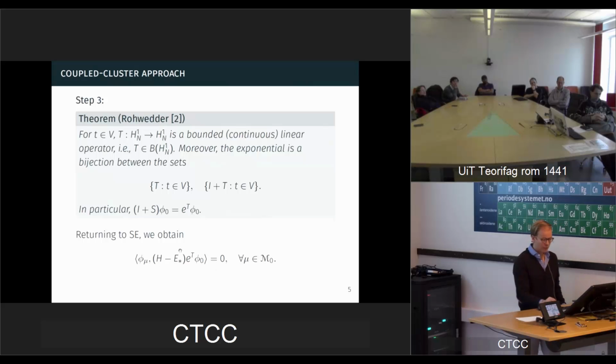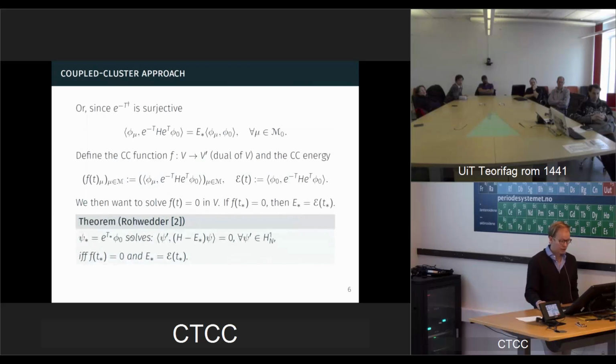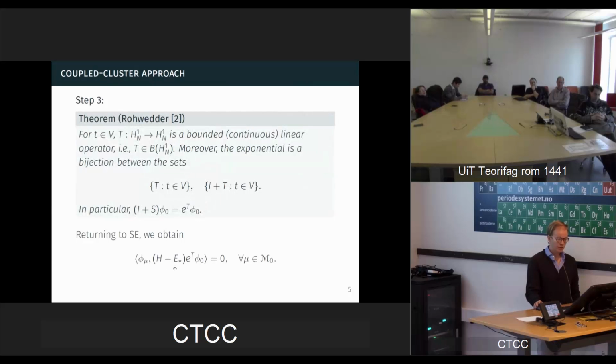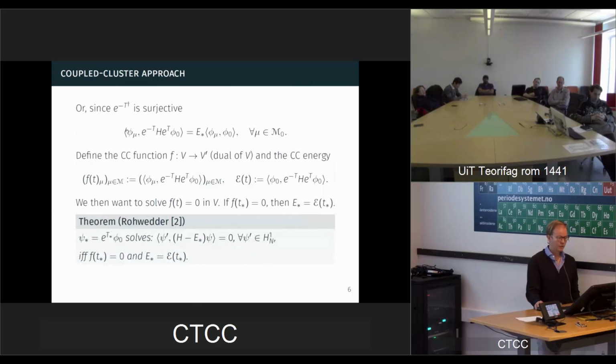So returning to the Schrödinger equation, we can now write it like this. And here we have the coupled cluster theory, but to make the equations that we need to deal with later easier, we make use of the fact that this operator here is surjective, so we can put this operator here in the bra and then move it and rearrange the equation we have here to get something that looks like this.